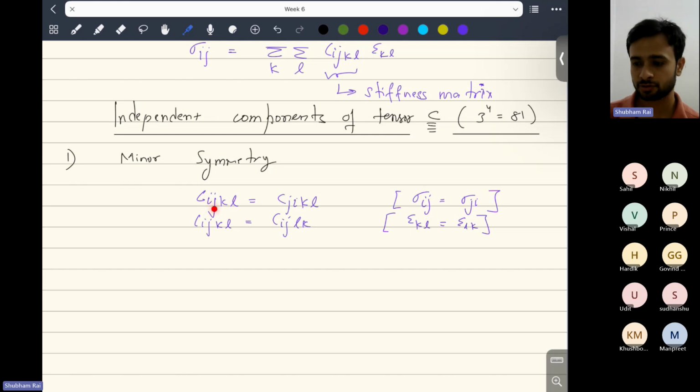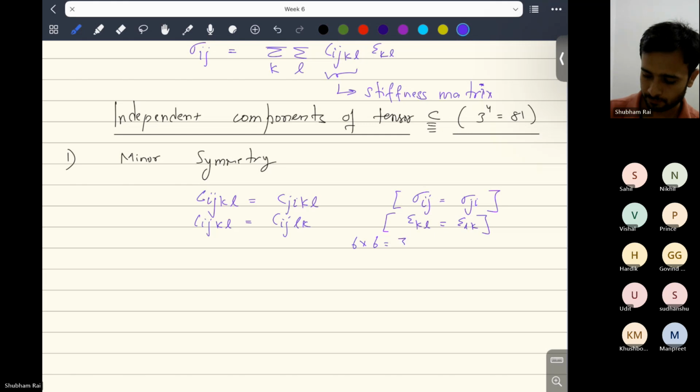But now, since you have introduced symmetry, only 6 independent components will be there, because 12 will be equal to 21, 31 will be equal to 13, and 23 will be equal to 32. So only 6 independent components in ij and 6 in kl. So after applying these minor symmetries, you have 6 multiplied by 6, which is 36 independent components.